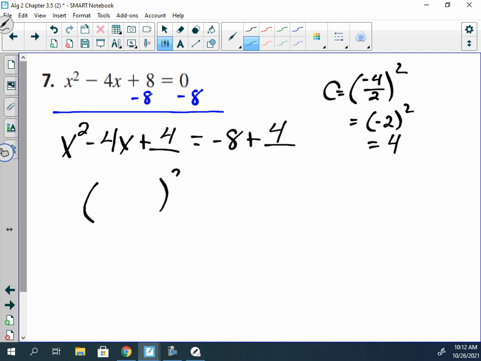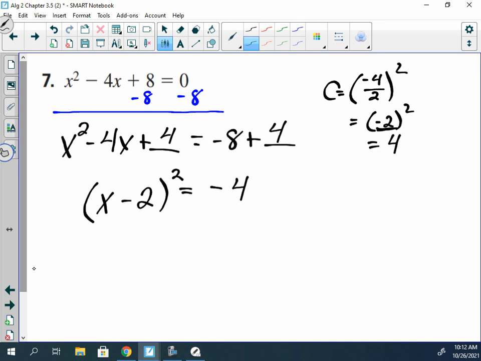Our set of parentheses squared, we're going to have x, and the number that goes with x is negative 2. So that means x squared minus 4x plus 4 factors down to x minus 2 squared. Now on the other side we have negative 8 plus 4, which is negative 4.